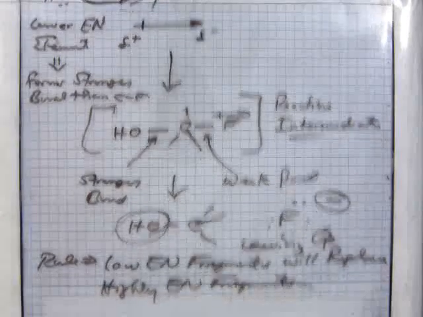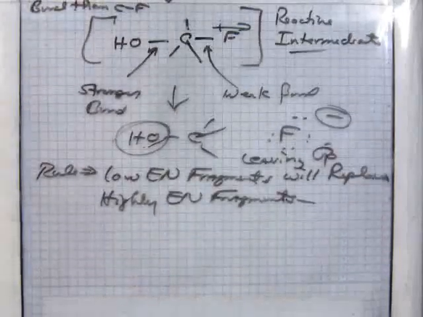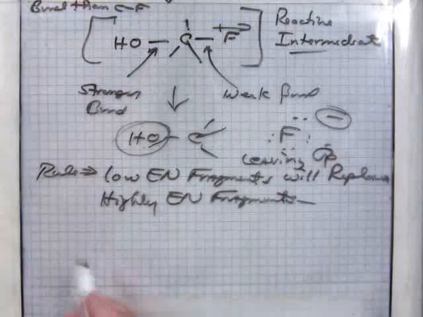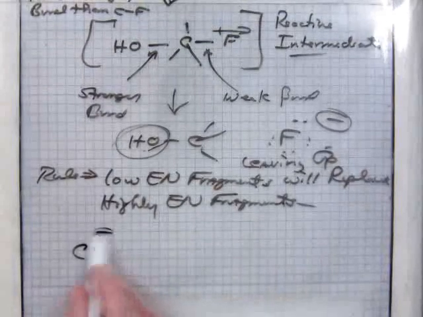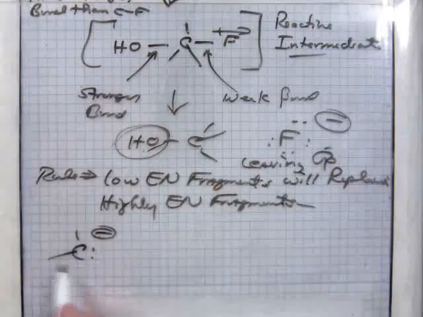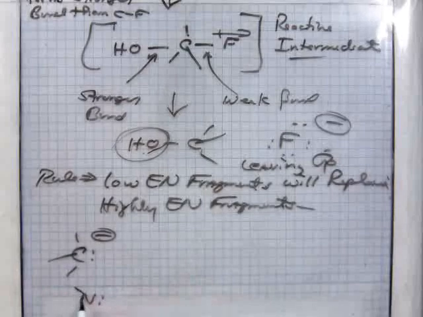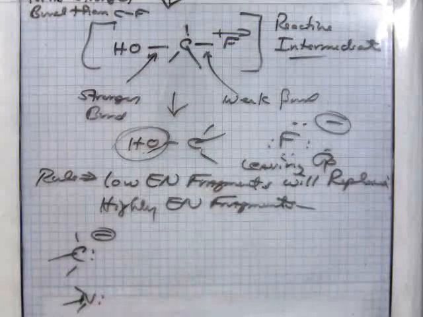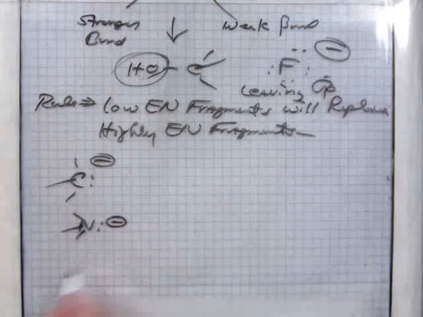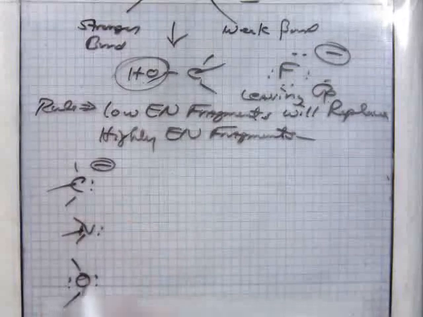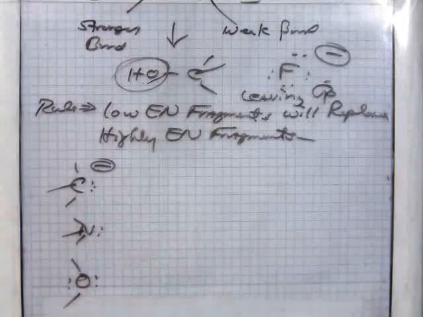So it doesn't matter whether you know what the molecule or fragment is. It's just if you have, say, a carbon with a strong formal charge right here, or a nitrogen, or an oxygen. A nitrogen wouldn't have the formal charge, or an oxygen. These have electronegativities.